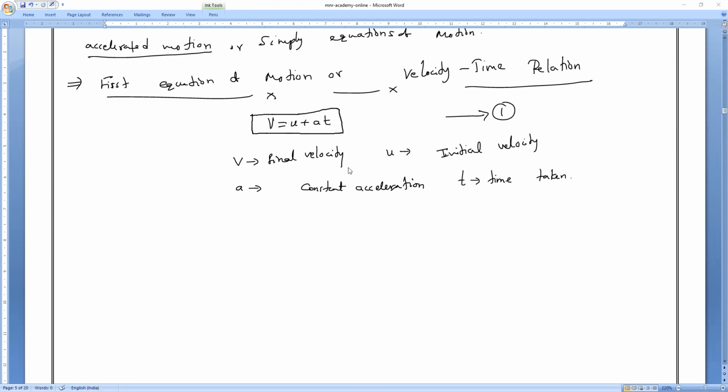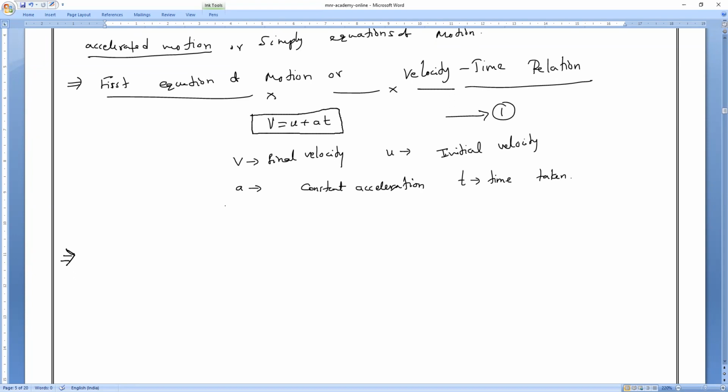Anything we can find in this. So the first equation we also call the velocity time relation. Keep it in mind because you are going to use it in future like this. Is it okay, guys?